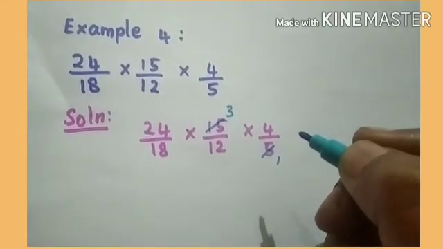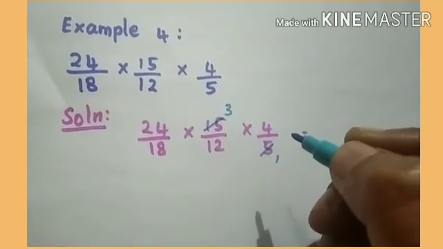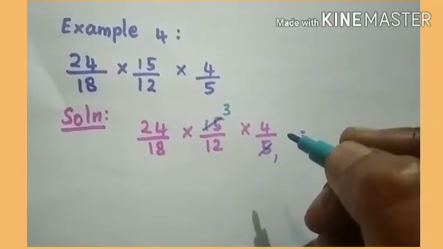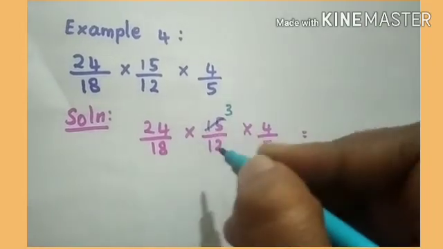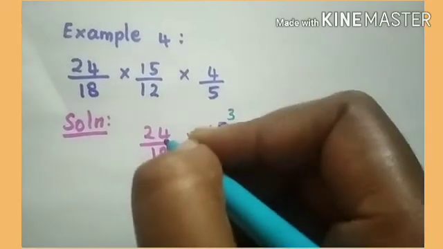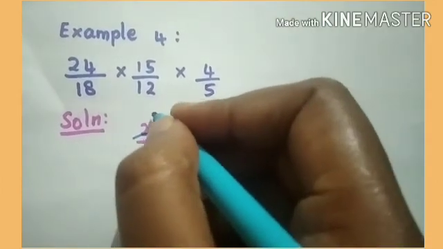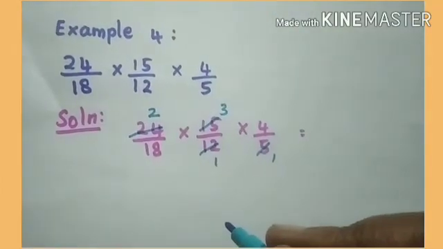Students, is there any other common factor in the numerator and the denominator? Yes, 24 and 12 have the common factor which is 12. So write 12 ones are 12, 12 twos are 24.